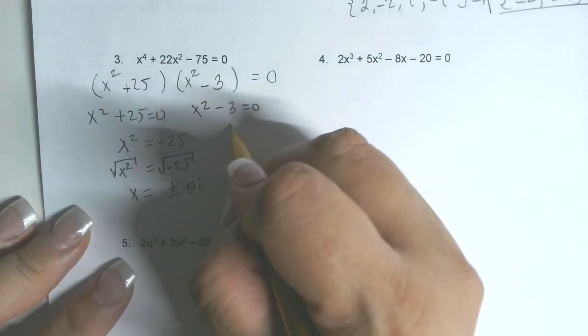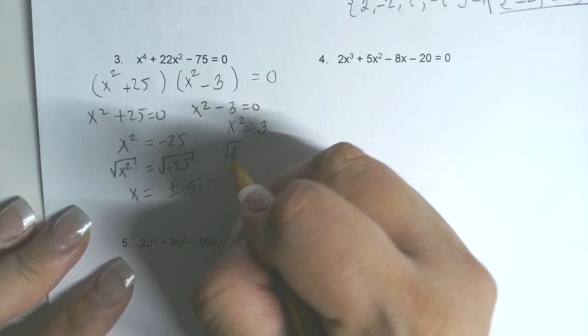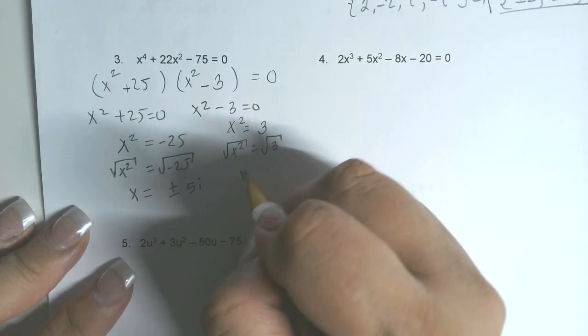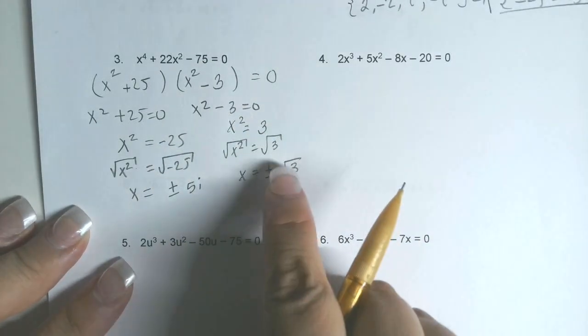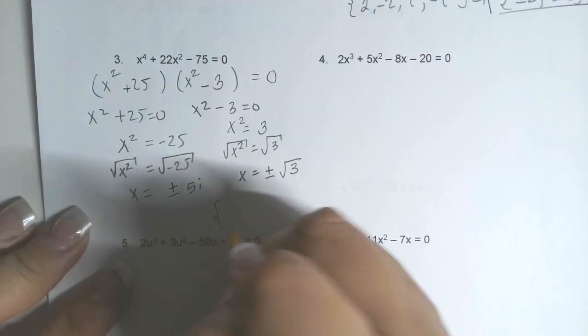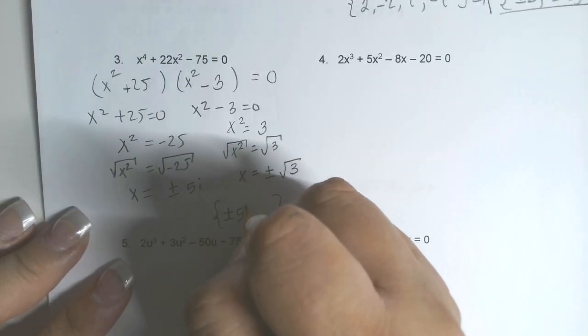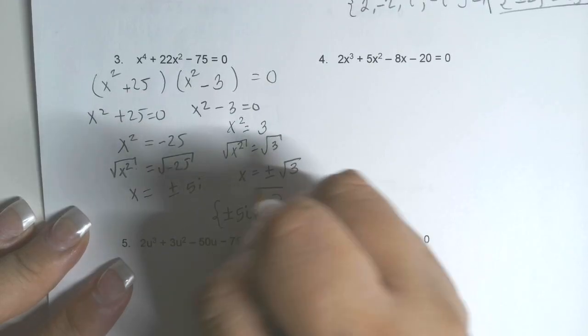For this one, x squared equals 3, square root of both sides. X equals positive and negative square root of 3. No decimals, I only want exact answers. And square root of 3 is an exact answer. So now I get positive and negative 5i, comma, positive and negative square root of 3.